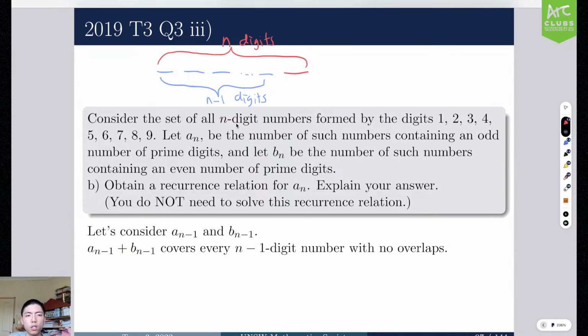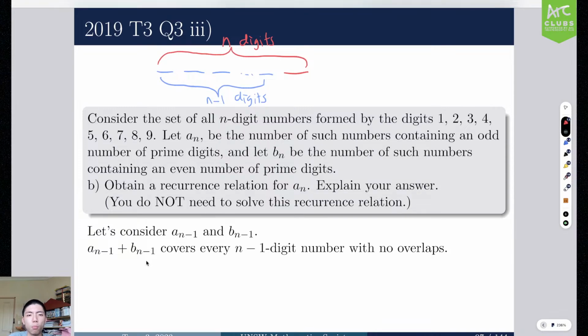So we only need to look at the n-1 digits case, and then the next one makes it so that it becomes n digits. Okay, note that An-1 and Bn-1, using a similar idea as we did before, will cover all possible n-1 digit numbers with no overlaps, because it is either an odd number of prime digits or an even number of prime digits, exclusive, right?